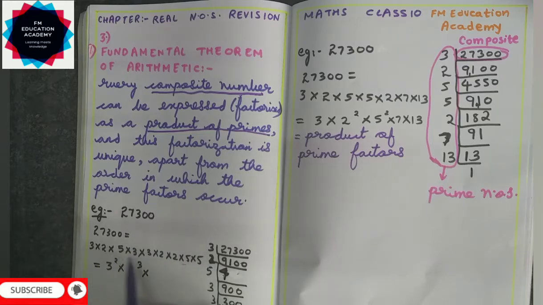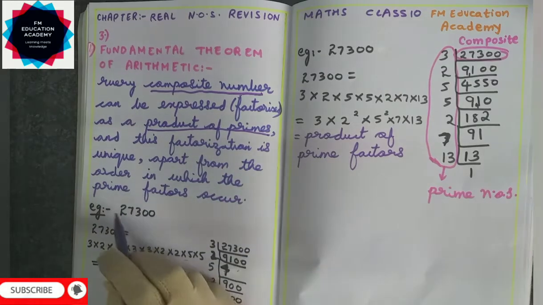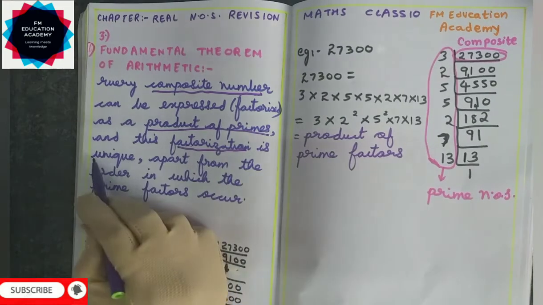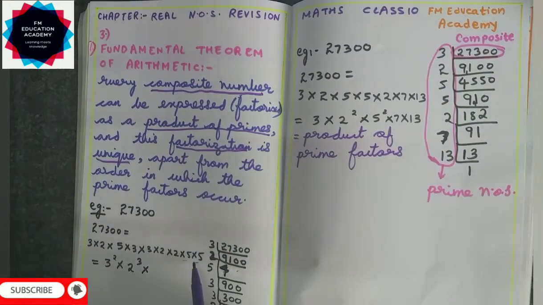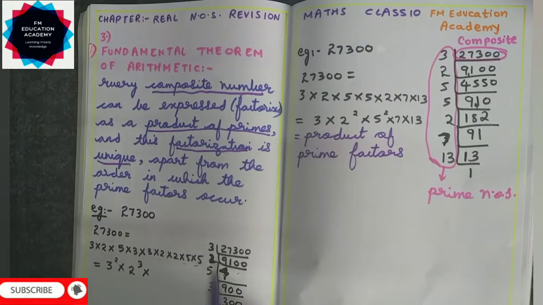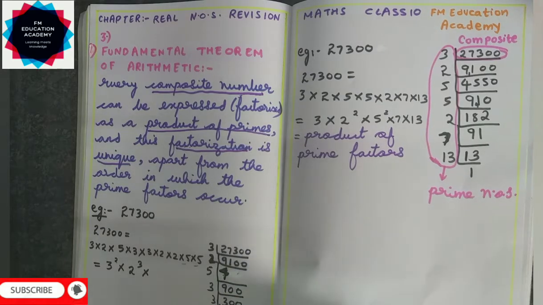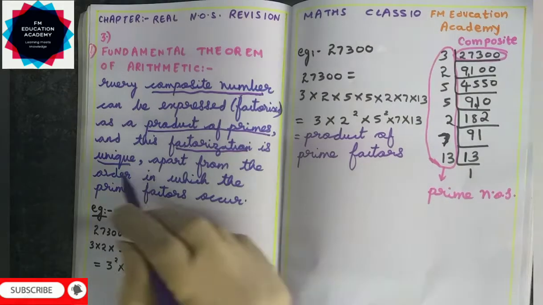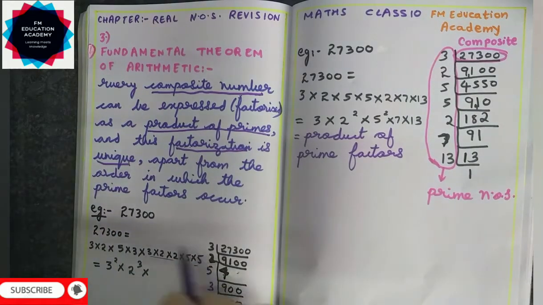So this composite number can be expressed as a product of primes, and this factorization is unique. Unique means we cannot get any other numbers. We'll only get 2, 3 and 5 here if we do prime factorization. We cannot get 7, we cannot get 17, we cannot get any other prime numbers. There are only these prime factors you will get.